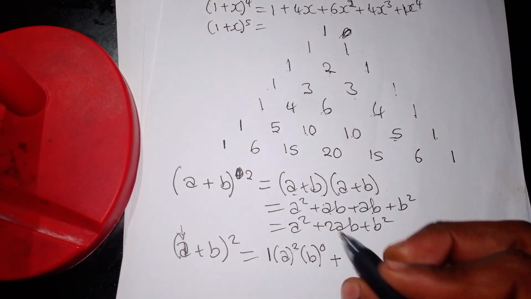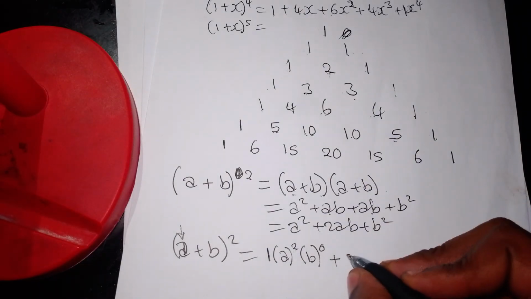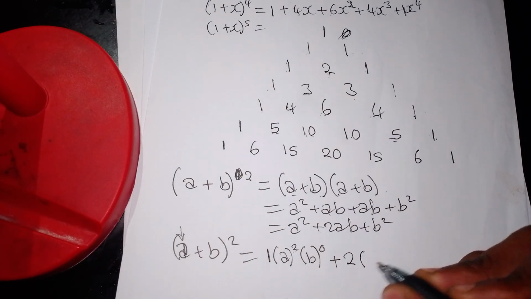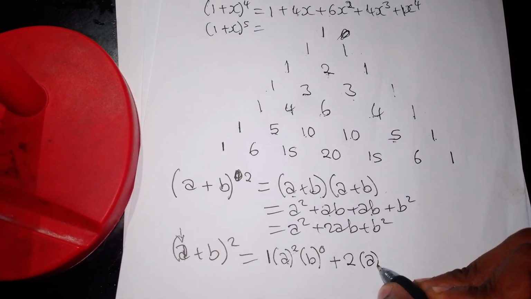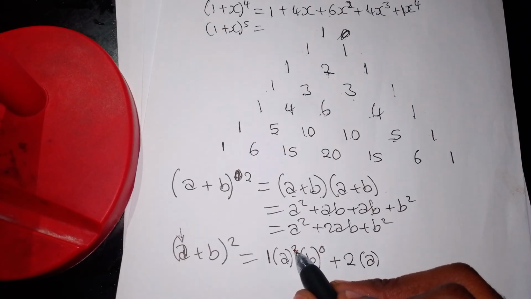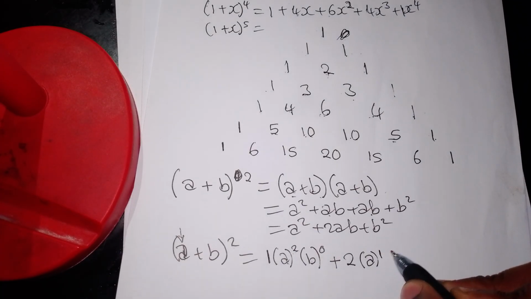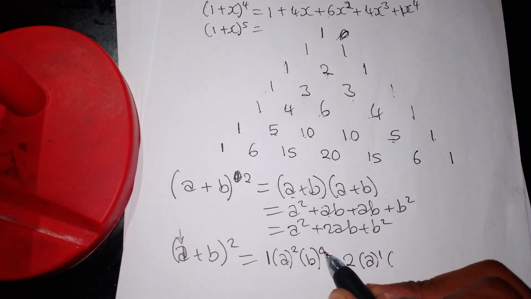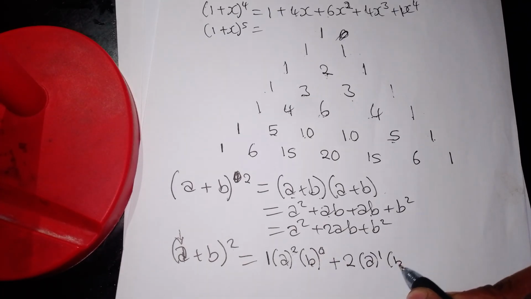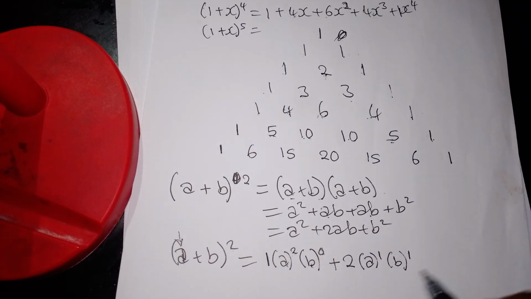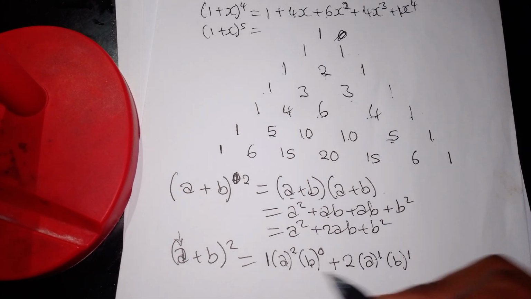So the next one will have 2 as a coefficient. So you have your 2, and then you can say a raised to the power. This is a 2, so it will reduce by 1. And then this is a 0. The power of this one is a 0, so it will increase by 1.